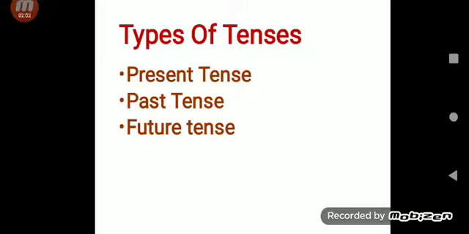And future tense, which states that something is going to happen. Now all these three tenses are divided into their subtypes, and the subtypes are simple, continuous, perfect, and perfect continuous. So these all are the subtypes of tenses.